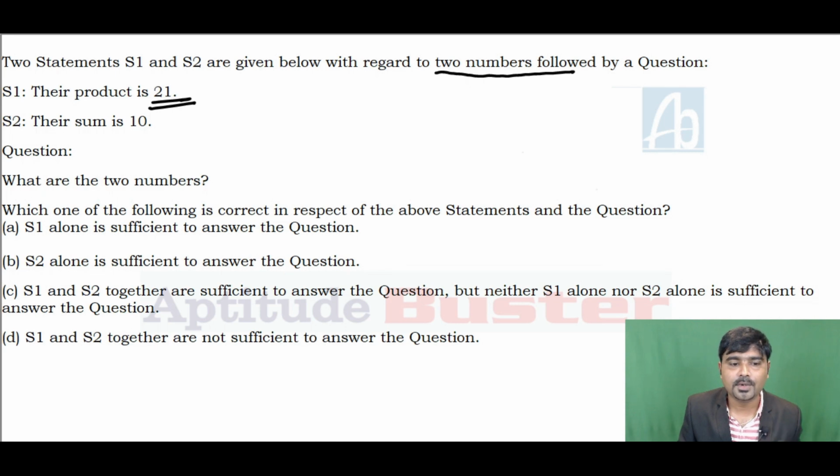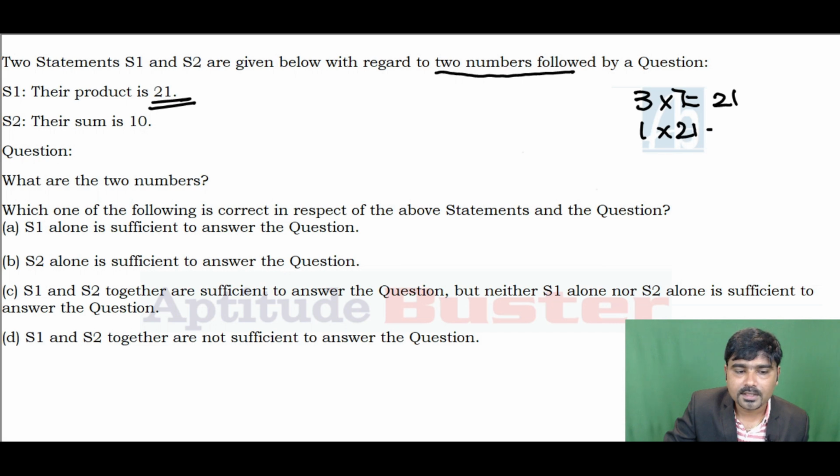The product is 21. I'll write the possibilities. Everyone knows one possibility is 3 into 7 equal to 21. Second possibility, 1 into 21 is equal to 21. Your assumption is that there are only two possibilities. It is not correct. Actually, minus 3 into minus 7 is equal to 21 and minus 1 into minus 21 is equal to 21.